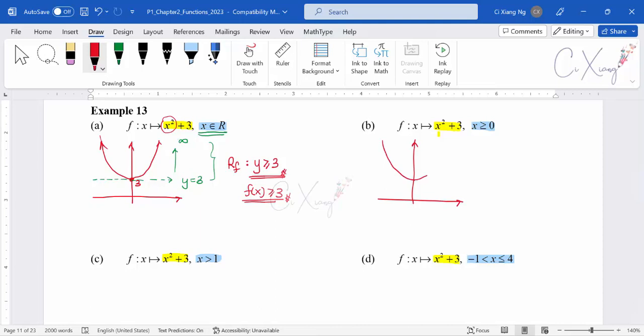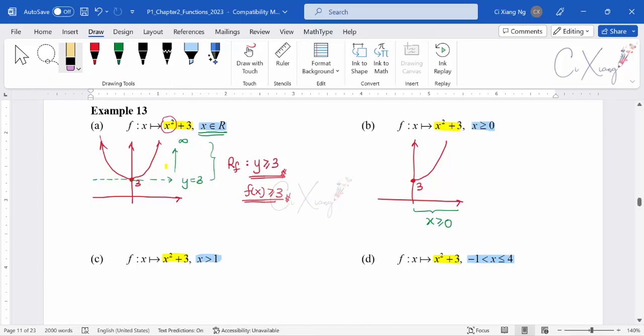The original curve for x squared plus 3 is still something like this, where this is 3. But for this domain, they only want us to consider x greater than or equal to 0. Therefore I only consider this part of the graph where x is greater than or equal to 0, and when I look for the range, I only consider this part.